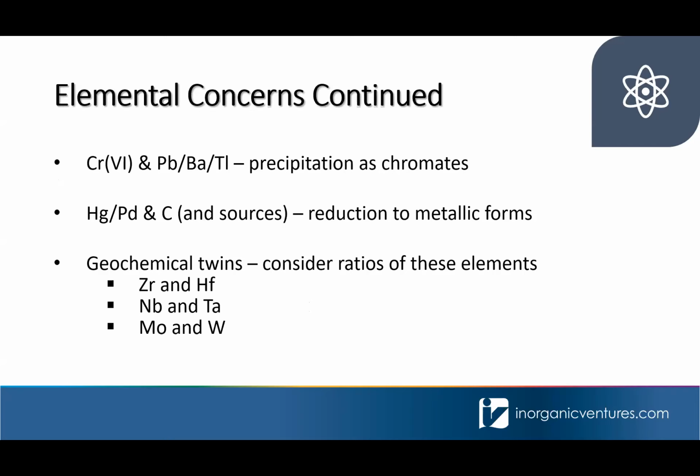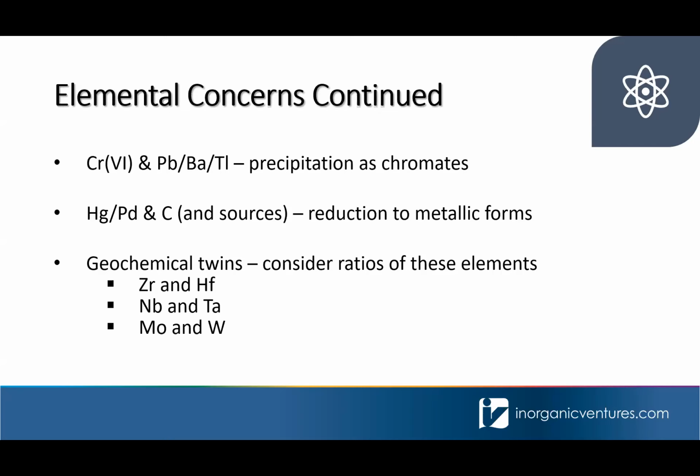Chromates can be problematic as well. If you have chromium in your system and you're using a chrome 6 starting material, you could have problems with elements such as lead, barium, and thallium. So what we typically advise here is to avoid the use of chromium 6 in your calibration standard.